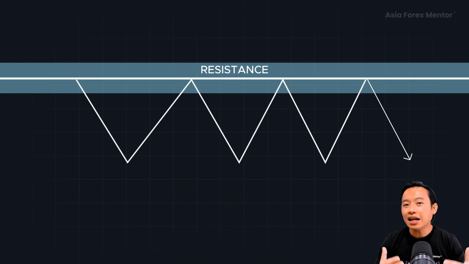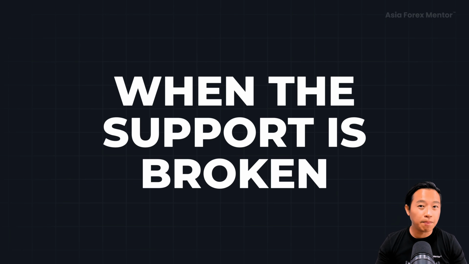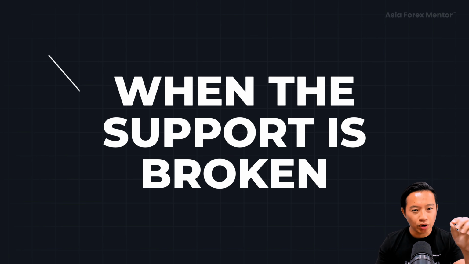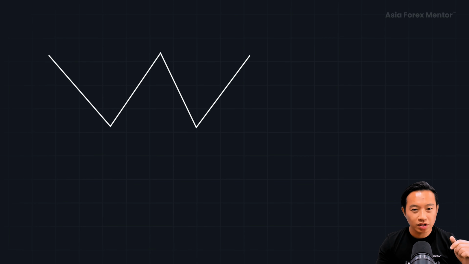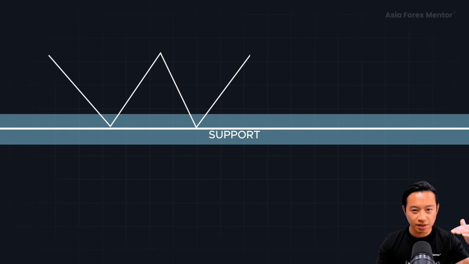Another important concept to note is what happens when the support is broken. Imagine the price dropping, then reversing upwards, dropping again, and then reversing upwards once more. Let's say at this point you can draw this area of support. Then on the third time, it doesn't hold.